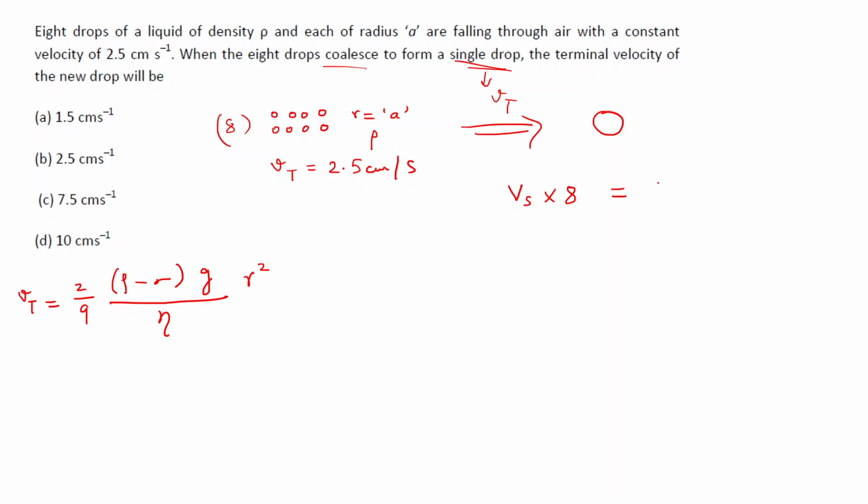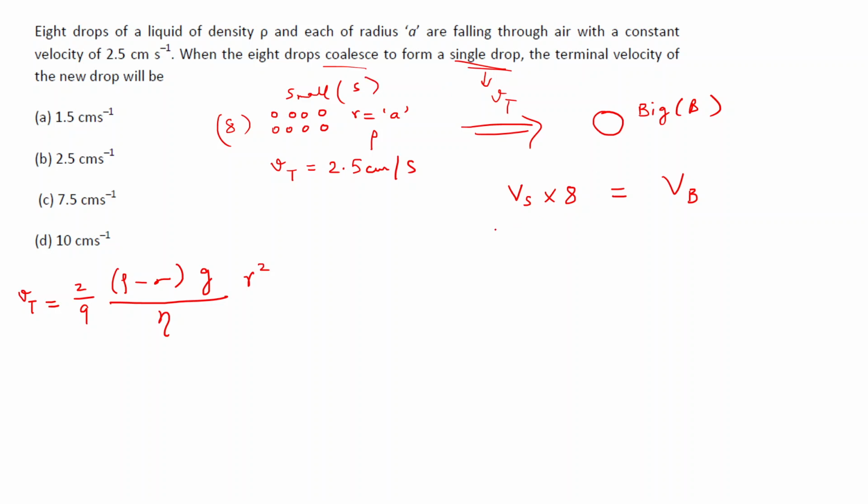This volume will be equal to volume of the big drop. I'm calling this B and I'm calling this S because these are small, this was big, so I'm denoting it accordingly.